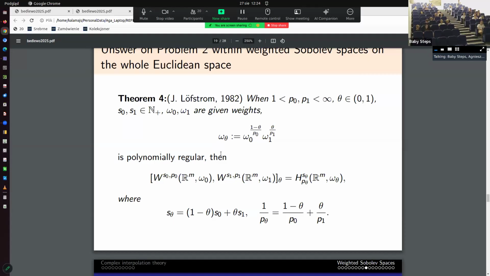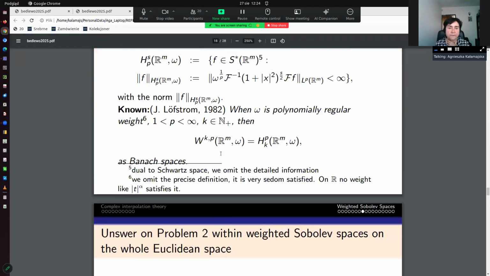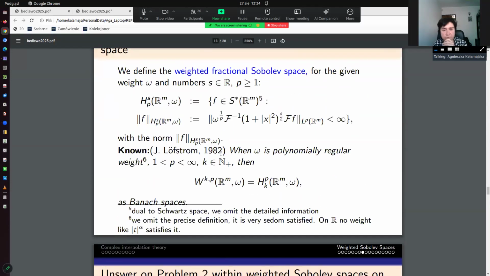Okay. The second question, could you give a glimpse, some intuition about this condition of being polynomially regular? It's like a growth condition? Yes, not very clean, but I will tell. It is a sum of functions. Each of them can be compared with another weight, such that if I take the derivative of that weight, then it is controlled by the weight without derivative.